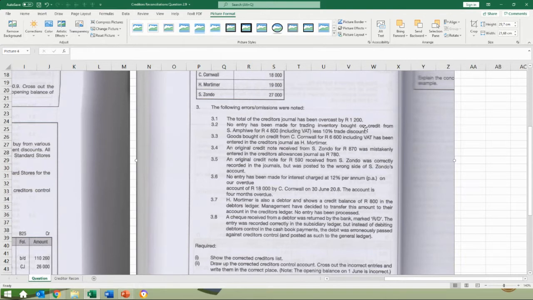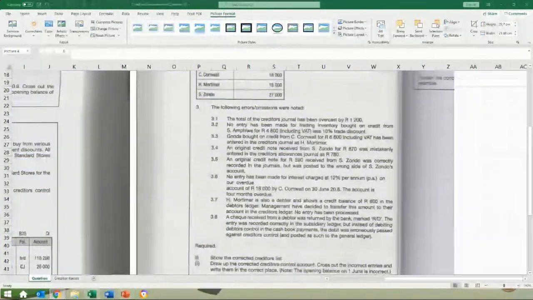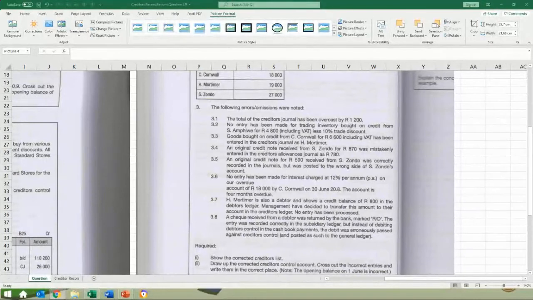Would the first transaction affect our creditors list or would it affect our creditors control account? Okay, so Tebe thinks it will affect the creditors list. Anyone else? Do you think entry number 3.1, the total of the creditors journal has been overcast?